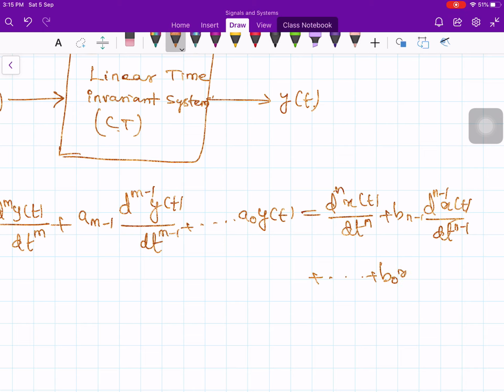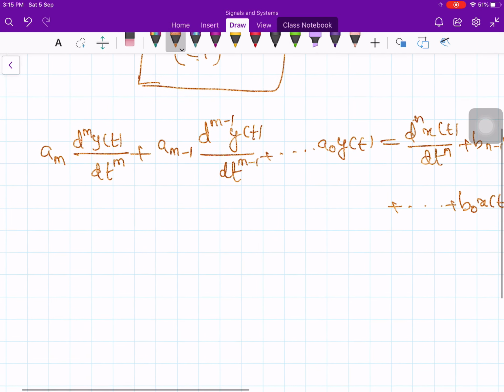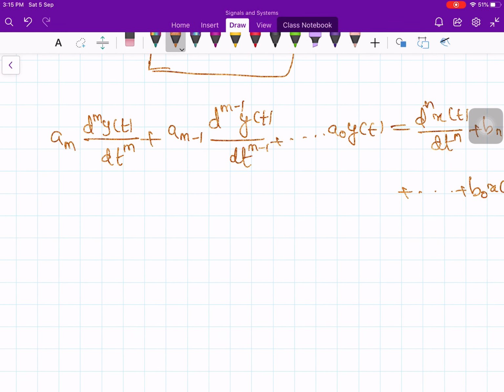So, this is a general differential equation that relates the single input and single output constant parameter system, that is a linear time invariant system.